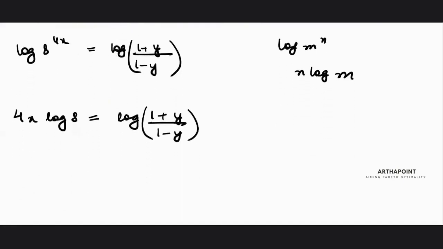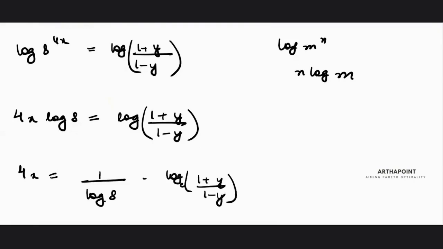Okay. So 4x will be 1 upon log 8 into log 1 plus y upon 1 minus y. Remember, this is to the base e. Just remember this.